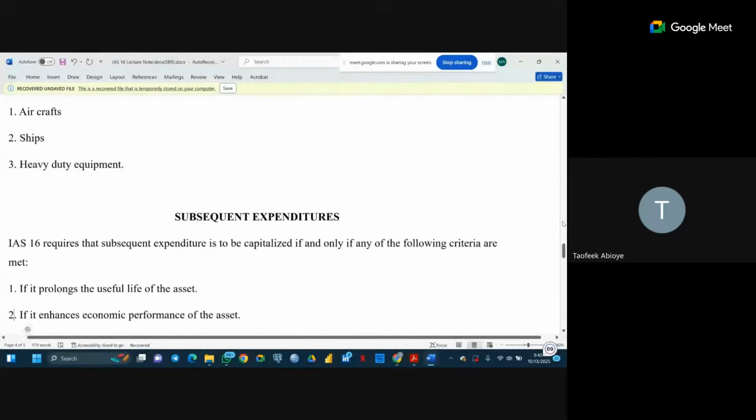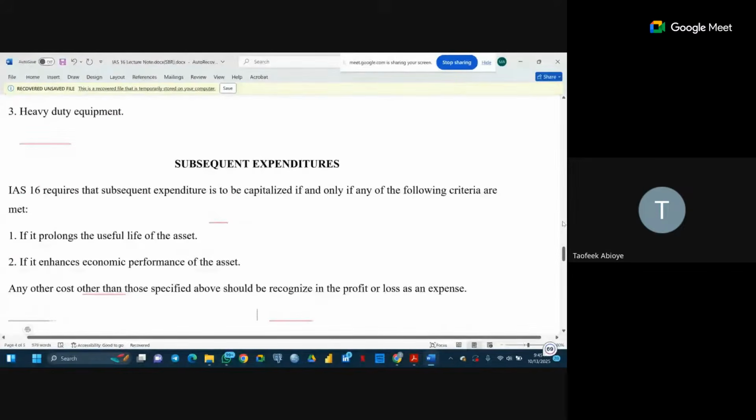Subsequent expenditure. It is a common norm that after the initial cost, every other cost incurred on the particular asset is to be expensed. However, there are some costs that when incurred on an asset, we can capitalize. We can add it back to the value of the asset.